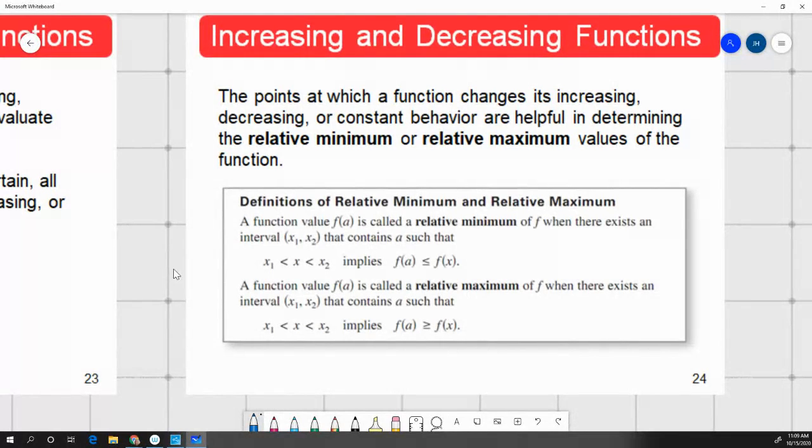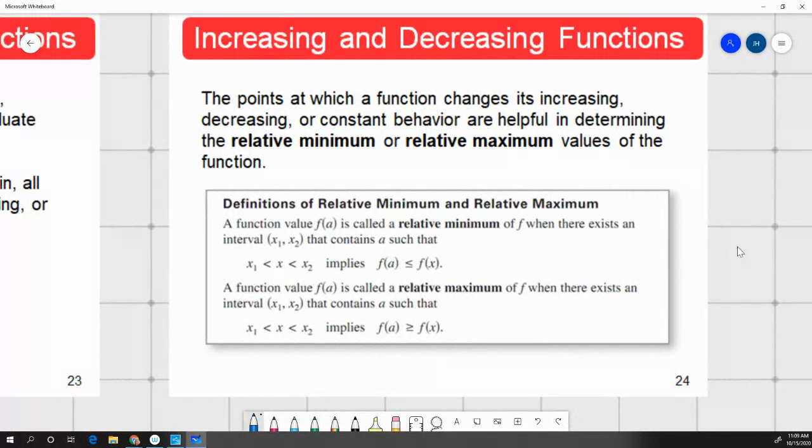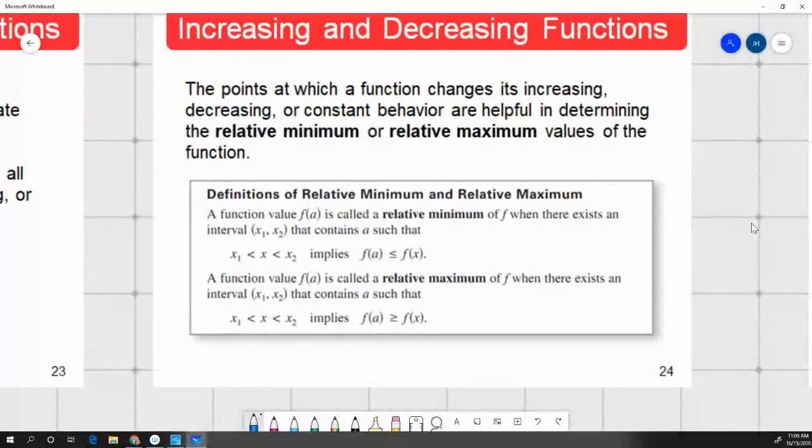The next thing we're talking about is minimum and maximum values of the functions. What we're saying is that anywhere there's an interval change, we have what we call relative maxes and mins. A relative minimum is anytime we have a point on the bottom where we're changing direction.